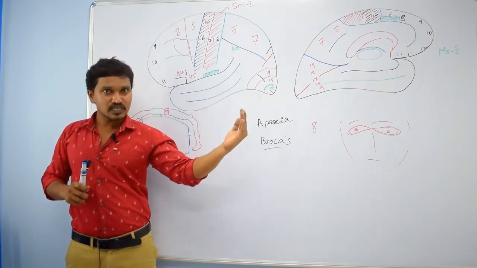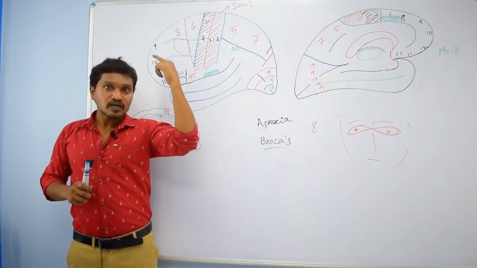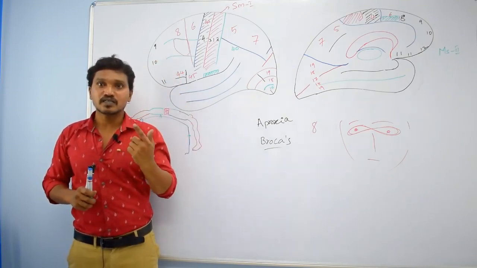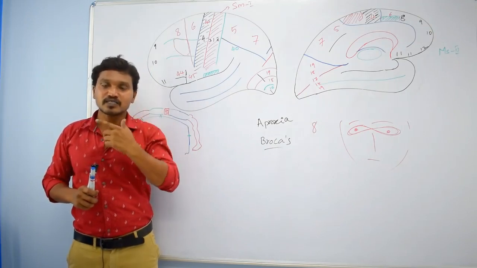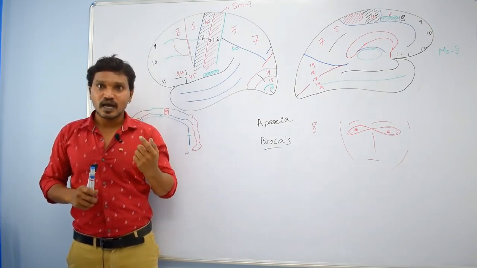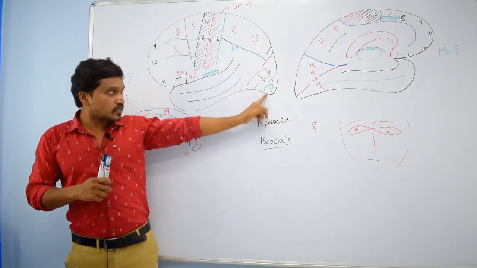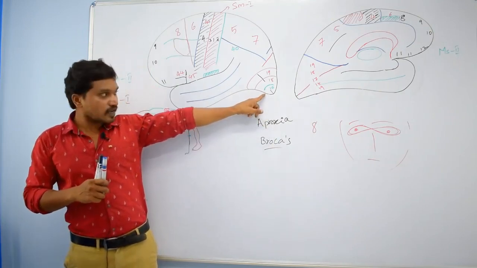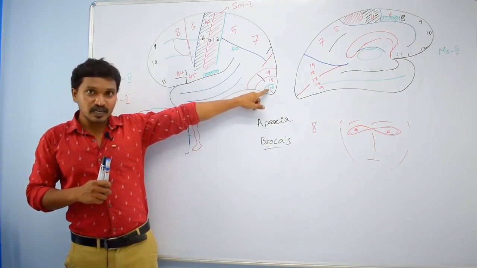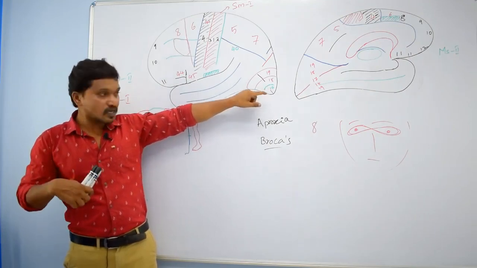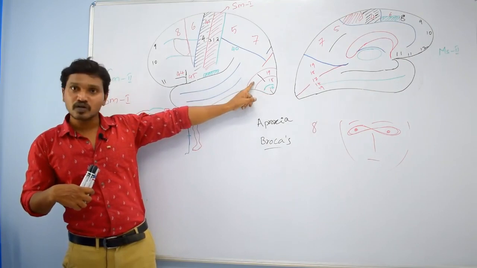Once he reaches near to me and I could see his face, that means the shape of the nose, eyes, face, all these things I could see, and those impulses I will receive by area number 17. Then the information I have received will be transferred to the associated area.